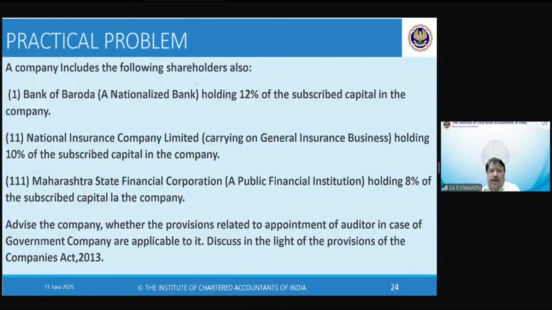Should this appointment be done by CAG or by Shagupta, madam? You already said CAG. I think you said CAG, no? Check out. How about this company?